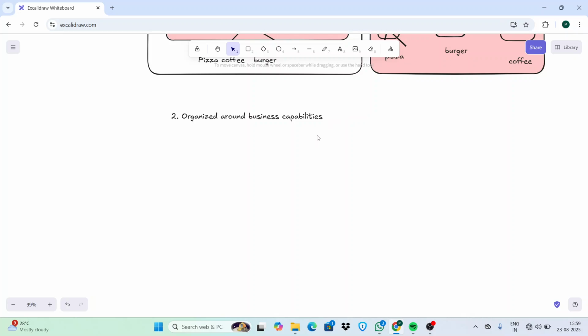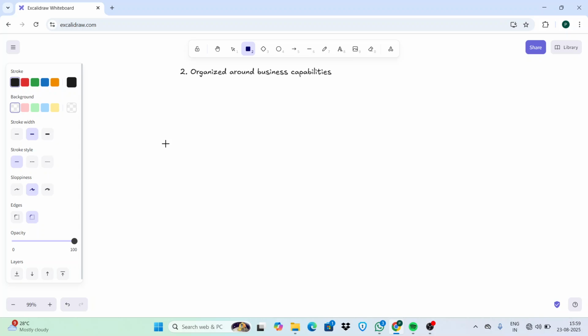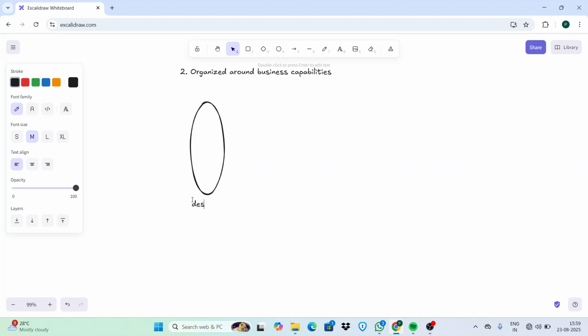So what it says is that each microservice should be designed for a specific business logic, or we can say business task, or business function.